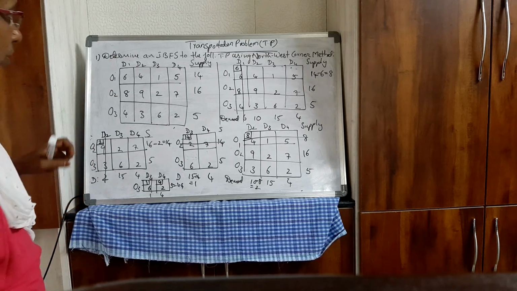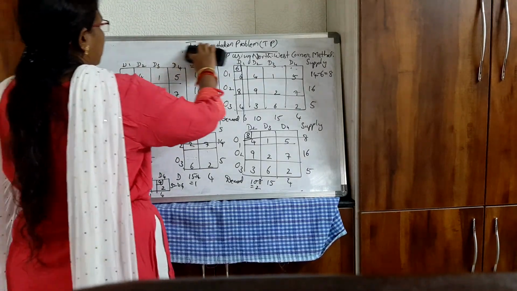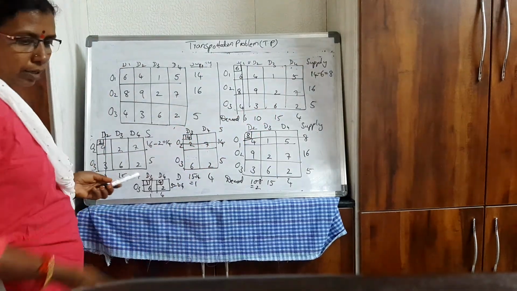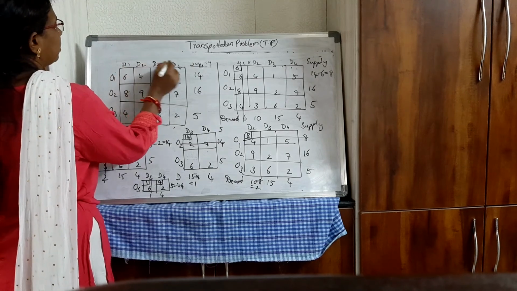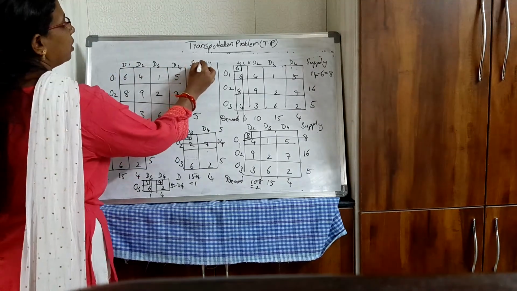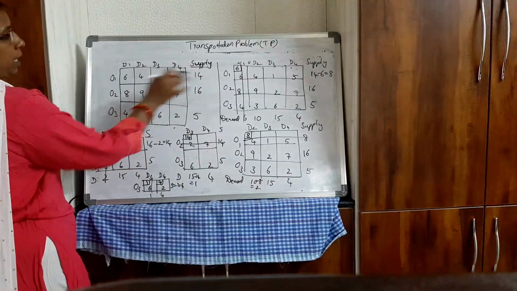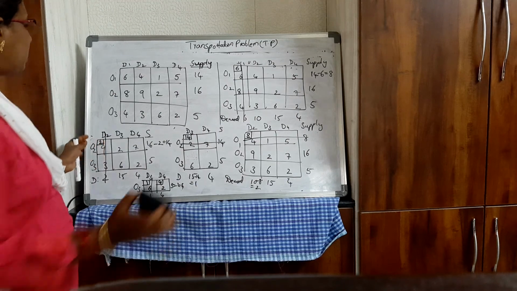Now after making all the allocations, you have to enter these allocations in the table. Now draw the complete table again. So here this is the complete table which is given in the problem. So this is the table, again you have to draw it. Now make the allocations. Wherever you have allocations, make them here.